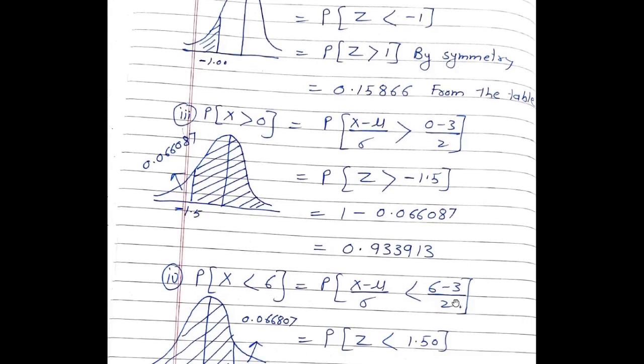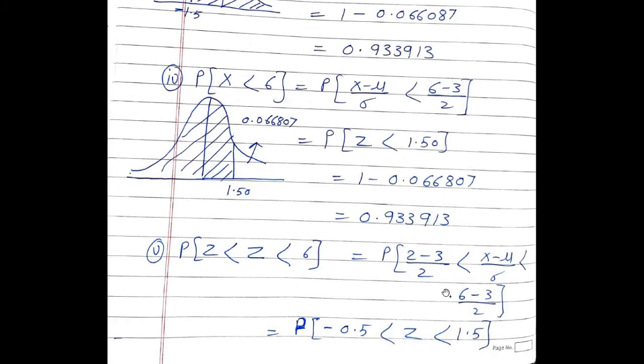Next part of the problem, probability x less than 6 can be considered as probability x minus mu upon sigma less than 6 minus 3 upon 2. So probability z less than positive 1.50. Now again positive 1.50 will come on the right hand side, positive ordinate, and we want the less part. So we will mark the left hand side portion.